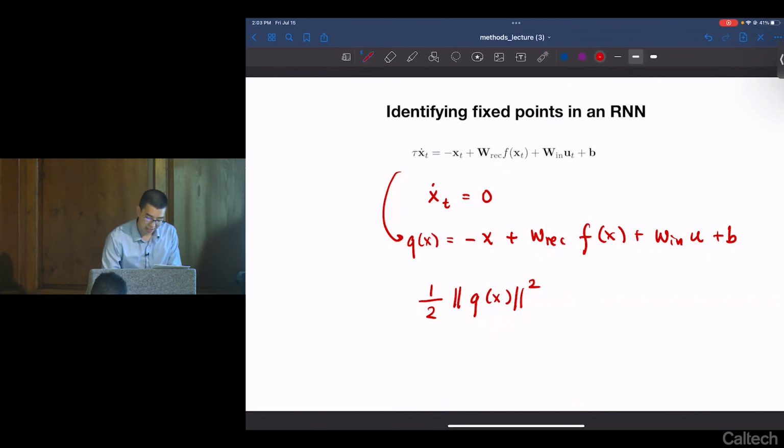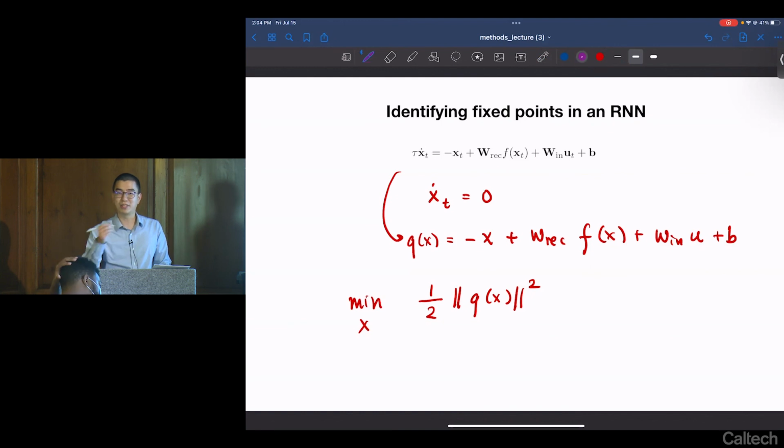So if we minimize this over x, then our optimizer will choose an x to make q of x as small as possible. And if q of x squared goes to 0, then we know that we found a fixed point. And as Brandon will show you, PyTorch will give you libraries that automatically compute gradients and take optimizer steps. So you can just use your favorite optimizer here.